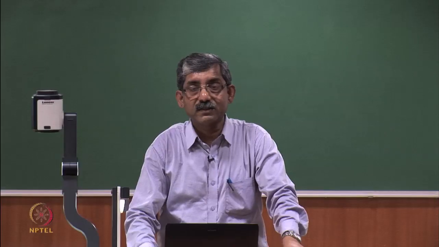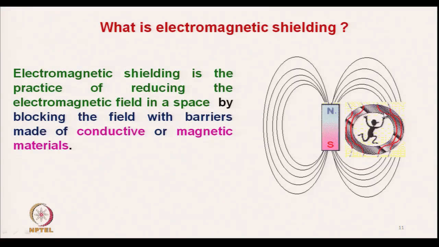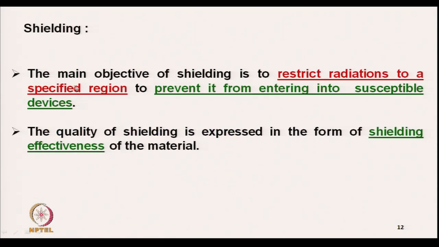If we use magnetic or conductive material, we can block this radiation, and that is the main function of shielding materials.